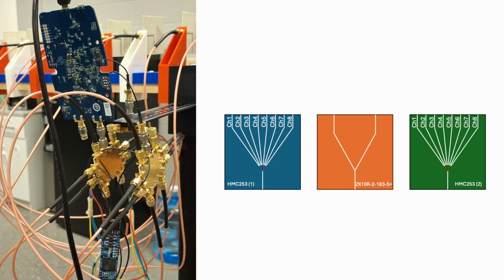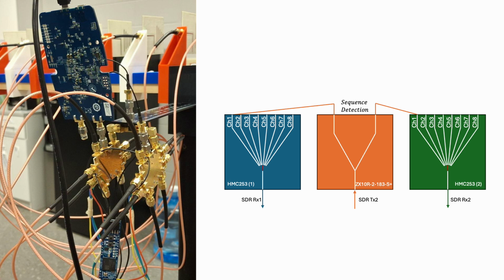For our switching subsystem, we have two HMC253 8-to-1 switches connected to each of our SDR's input channels. We then have our SDR outputting into a phase matched power splitter and connecting these both to channel 1 on each switch.